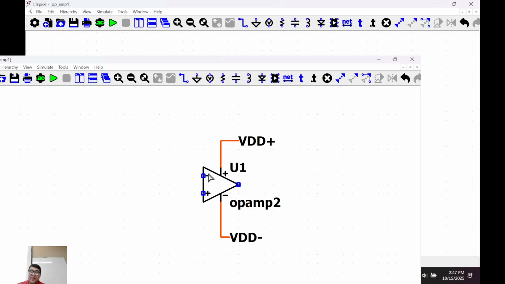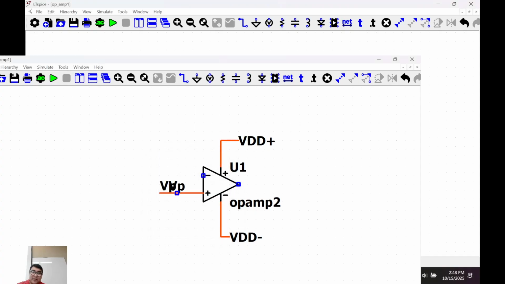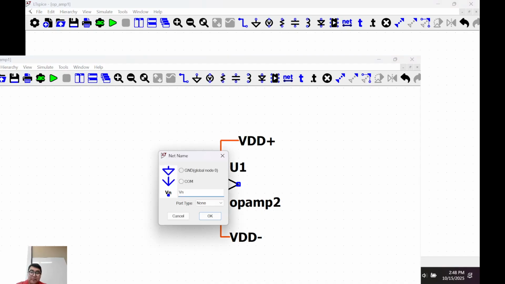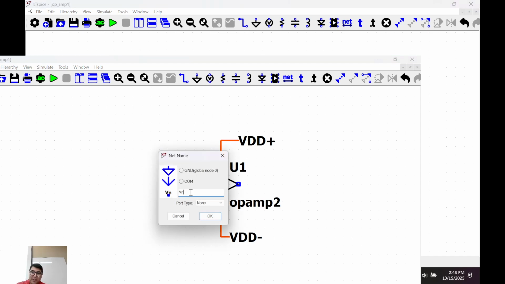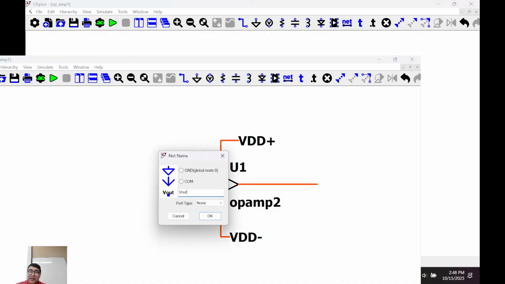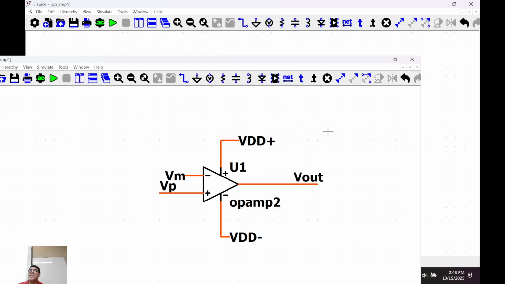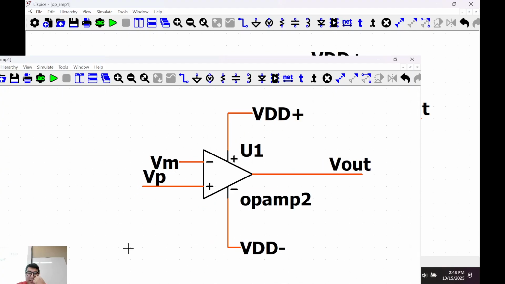And then you see how there is a minus on the top and the plus right there. Then I'm going to do V plus, V minus. Then right here is V out. All right. Is that good with everybody? So let me see. How do I want to show you this?